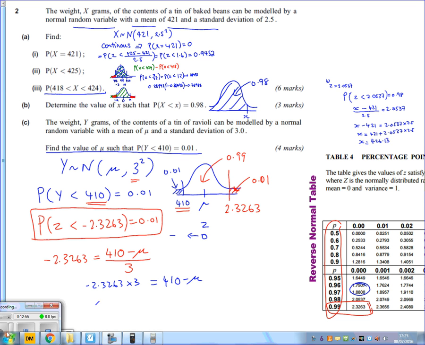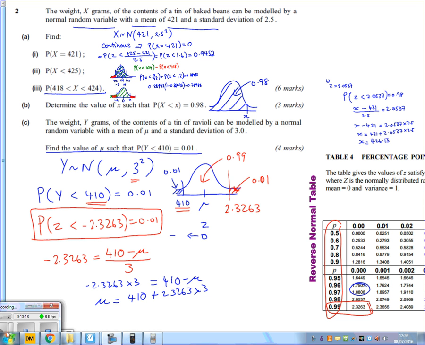So if I add mu to the left-hand side and take the rest to the right-hand side, I need to add on the 2.3263 times 3.